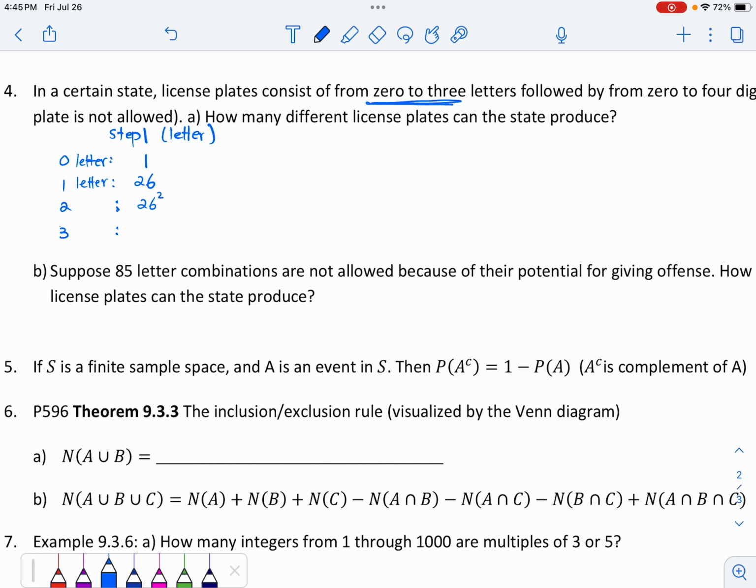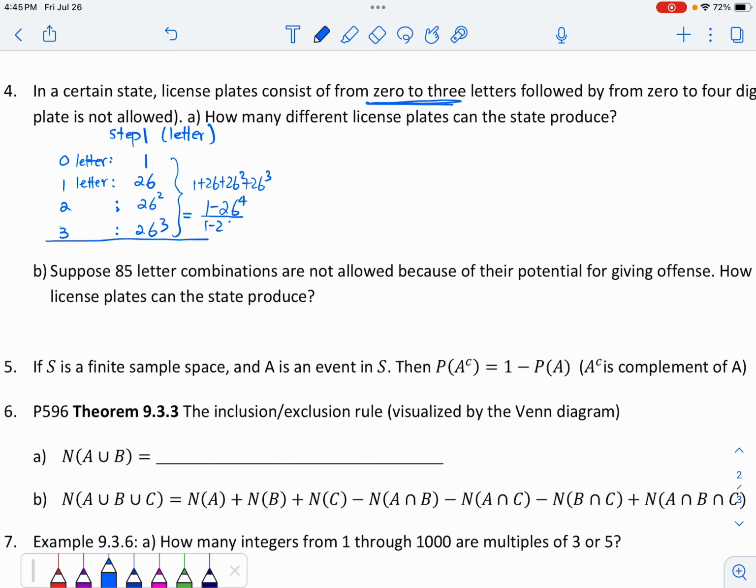For 3 letters, you have 26 cubed. So the total for 0 to 3 letters will be 1 plus 26 plus 26 squared plus 26 cubed.